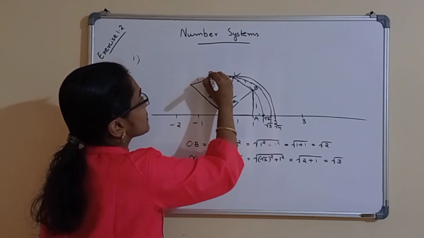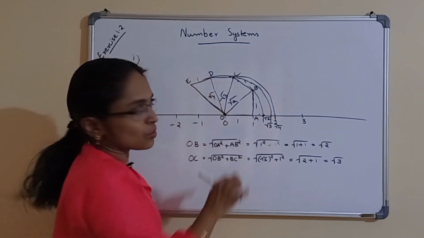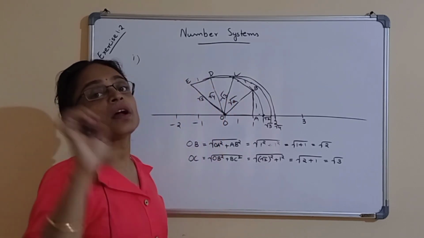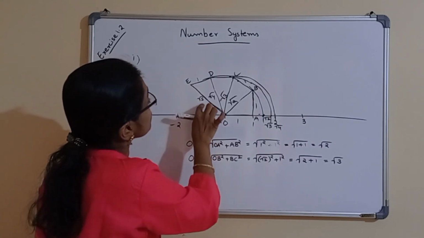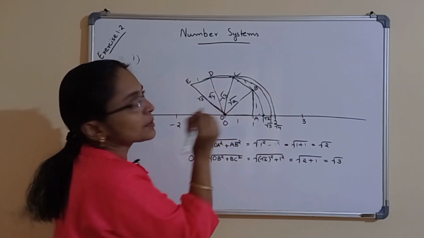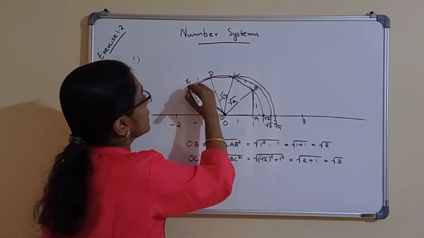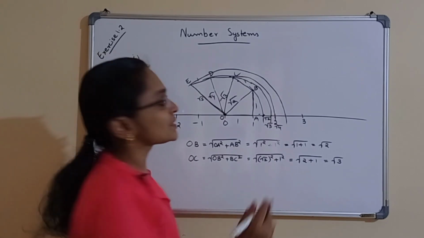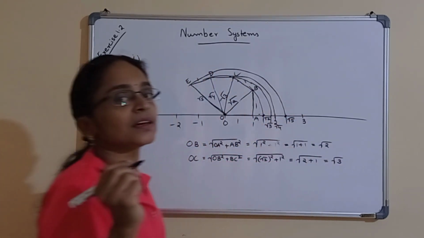So let us name this as D and let us name this as E. So join this OE, and this will be root 5, because root of root 4 square plus 1 square is root 4 plus 1, which is root 5. Now place the tip of the compass on O, take this OE and draw an arc. So this point will be root 5.